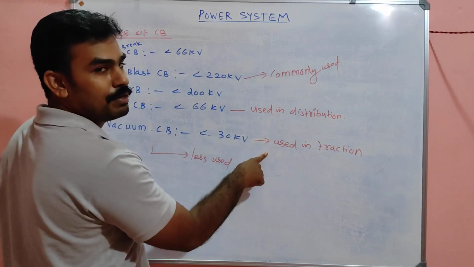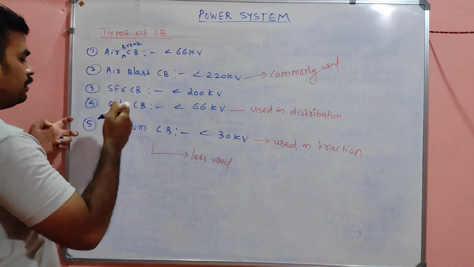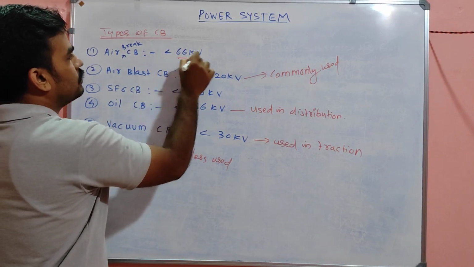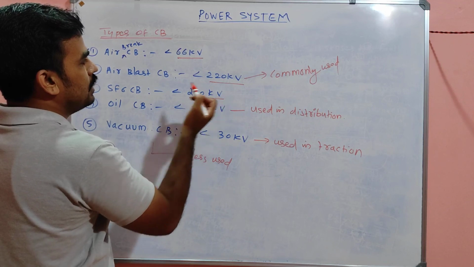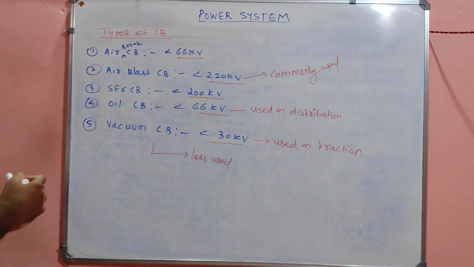This is in traction, this is on the distribution side, oil circuit breaker, and the voltage rating you have to note down. This is very important. Air circuit breaker 66 kV, air blast, SF6, oil circuit breaker and vacuum circuit breaker. That rating is very important. So that's all about the circuit breaker.